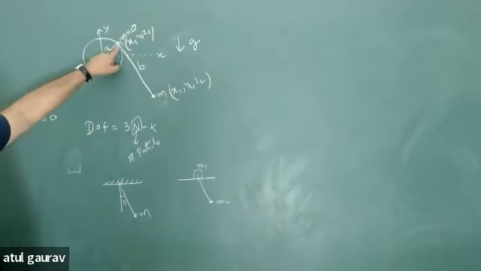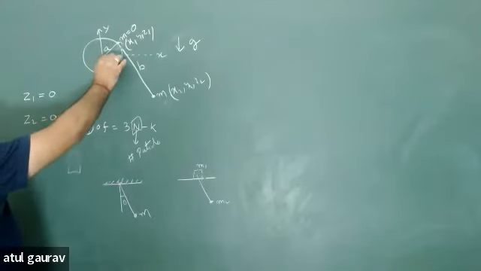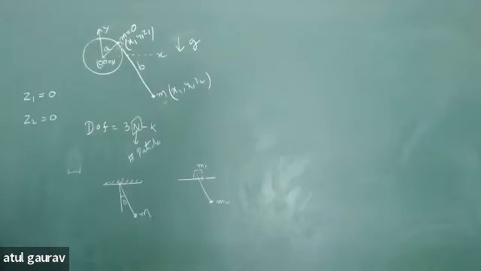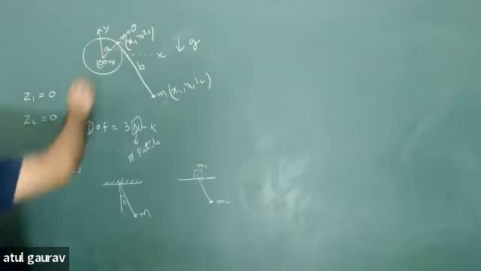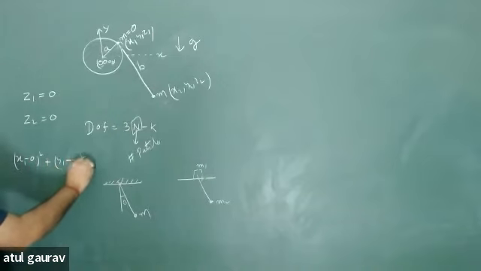And this point is always fixed with respect to the origin. This is my origin. Then what will happen? This distance is always fixed. So x1 minus 0 whole square plus y1 minus 0 whole square is equal to a square.